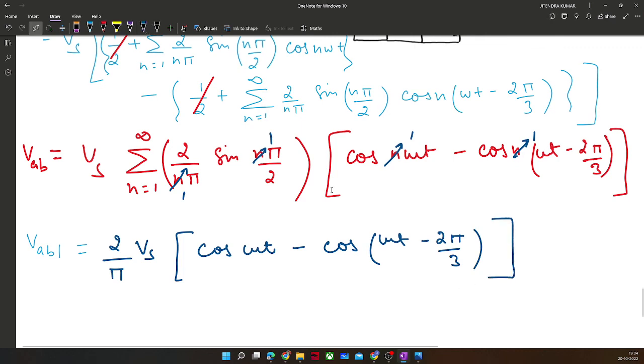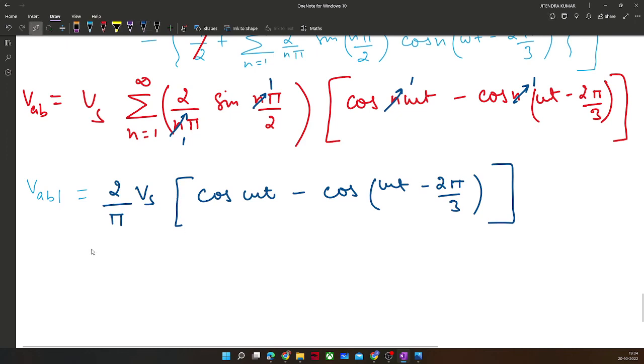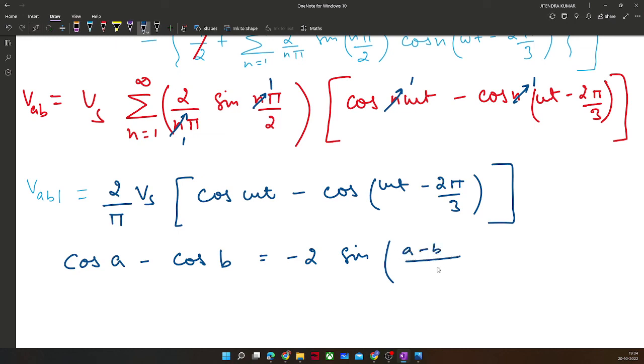Again, we know cos A minus cos B is equal to minus 2 sine of A minus B by 2 sine of A plus B by 2.